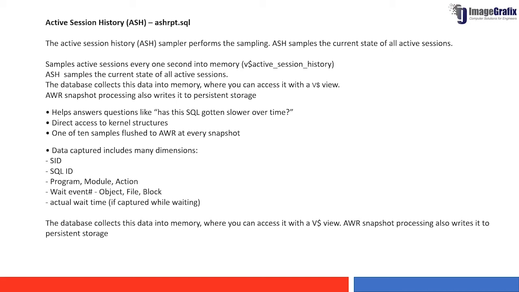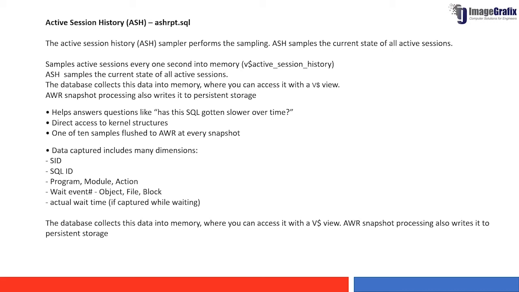And one of the 10 samples is flushed to the AWR at every snapshot, right? The data captured includes many dimensions, including the SID, SQL ID, program, module, action, wait event number, object, file, block, actual wait time, everything is collected and gathered.